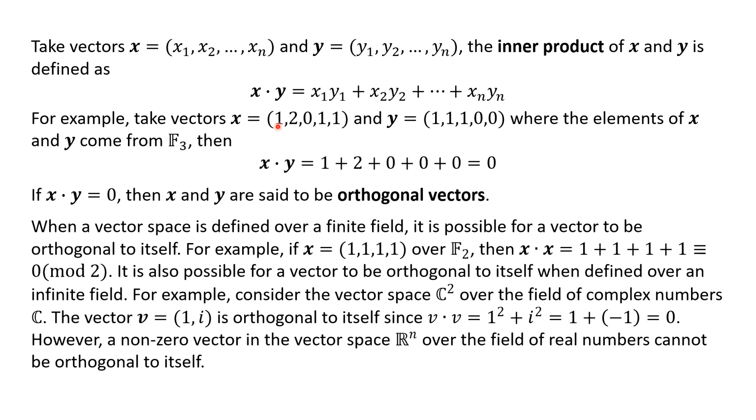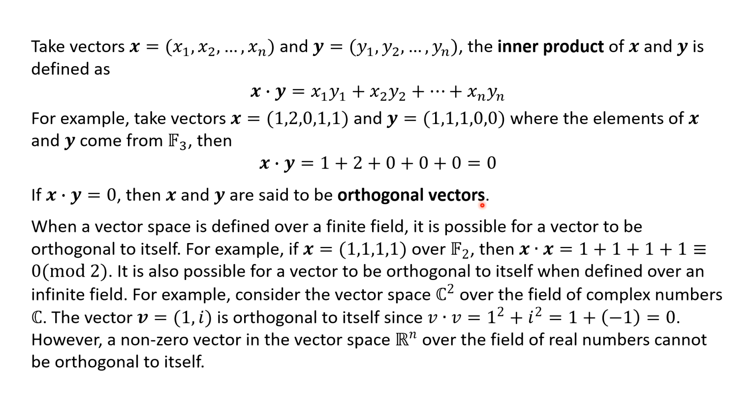If we take that dot product, we have 1 times 1, 2 times 1, then 0 times 1, 1 times 0, 1 times 0, we get this here, and that adds to 3, but 3 is 0 in F3.